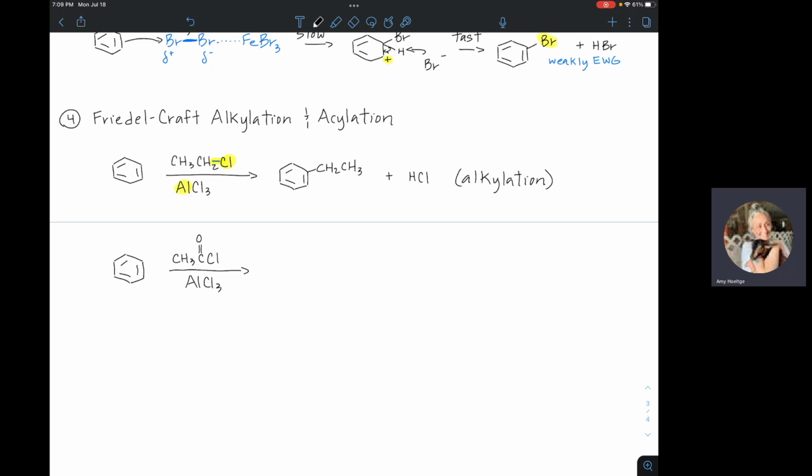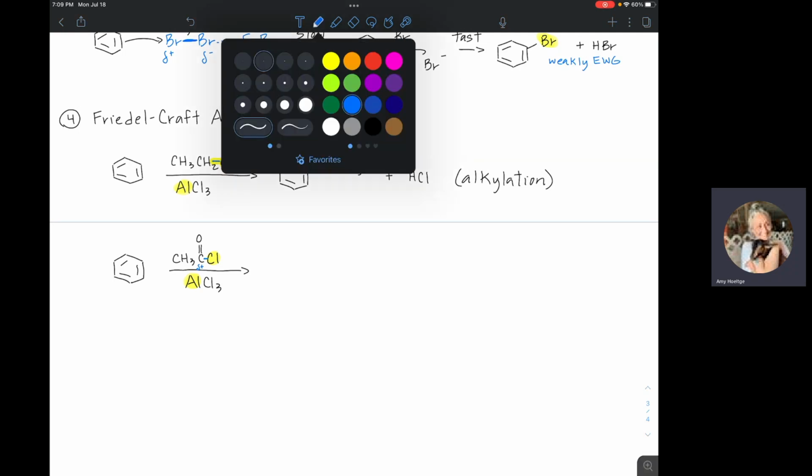Pull the electron density away from that chlorine as it's attracted to the aluminum. I already have a partial positive charge on this carbon, but it gets bigger, right, as we pull on the electron density in this bond. And that's going to make a better electrophile.